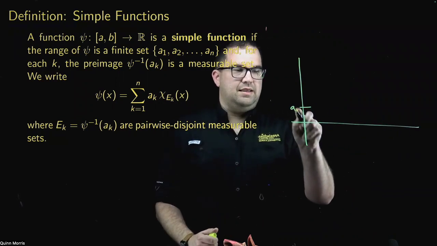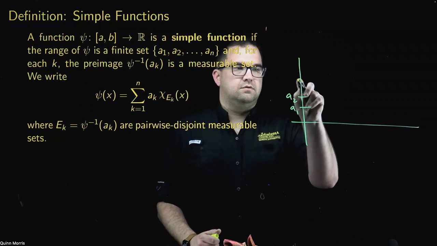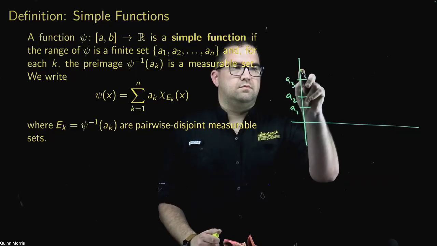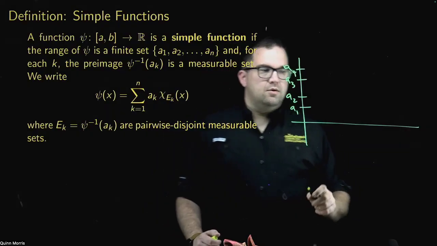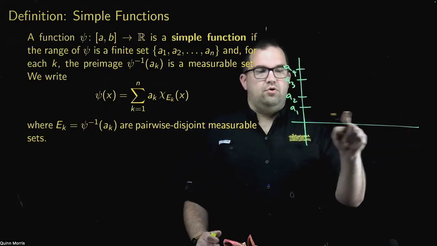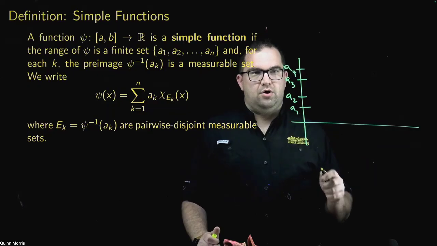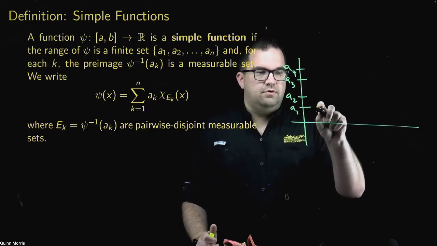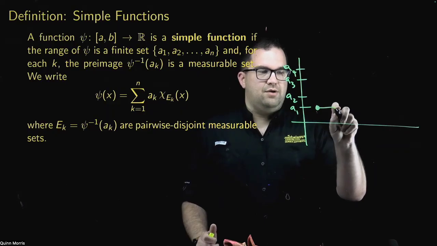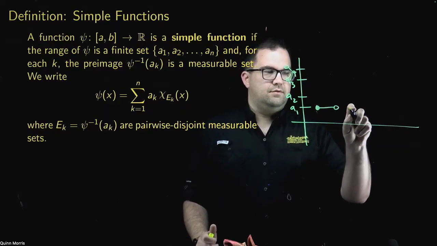You have finitely many outputs. I could take 4 of them here, let's say. But now instead of saying you can only attain the value a1 on an interval, I can allow myself to take the value a1 on any measurable set.